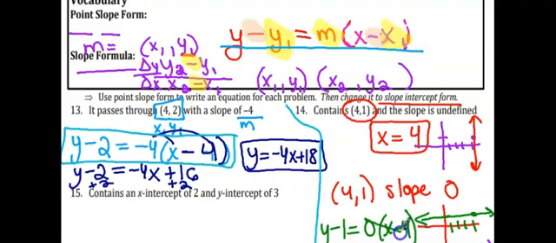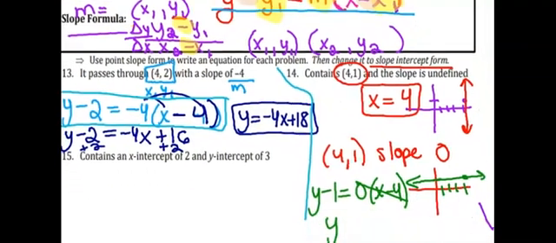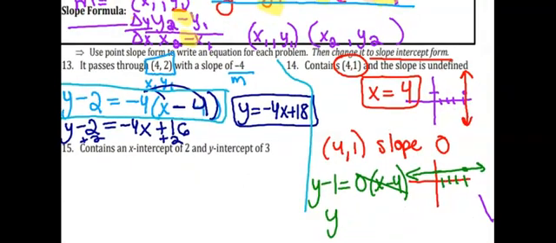So this side would go away. I would have y minus 1 equals 0, bring the 1 to the other side, and y would equal 1. So knowing the difference between undefined and zero slope is pretty important.